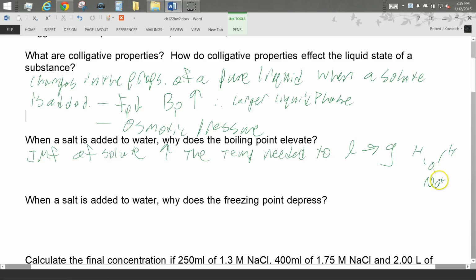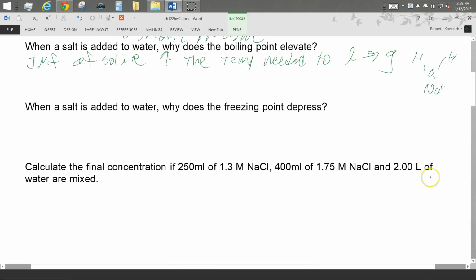And the freezing point, why is the freezing point depressed? Because there's less usable water. The sodium and the chloride ions bond with the hydrogen and the oxygen, so they break them all apart. I like the break them all apart part better. Disrupts the crystalline structure. I like that.